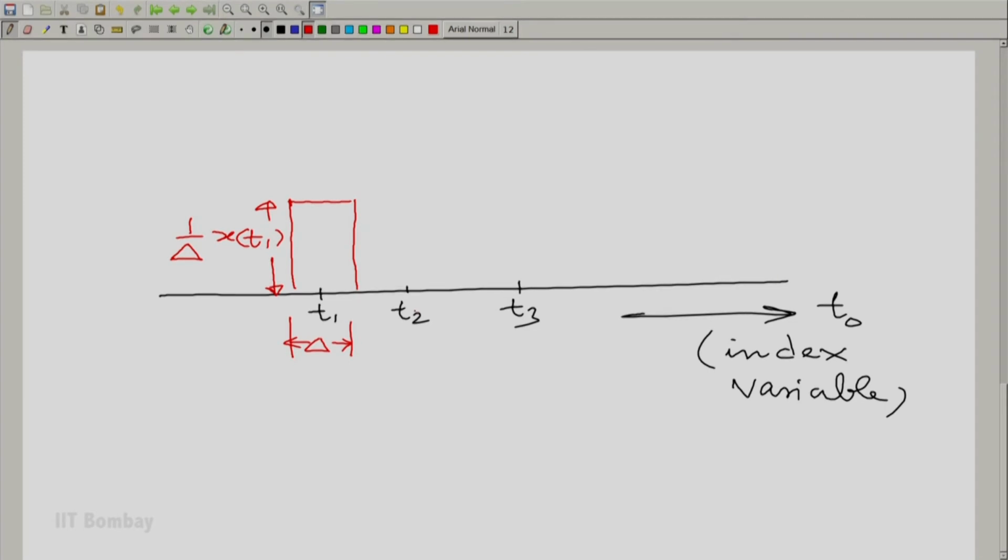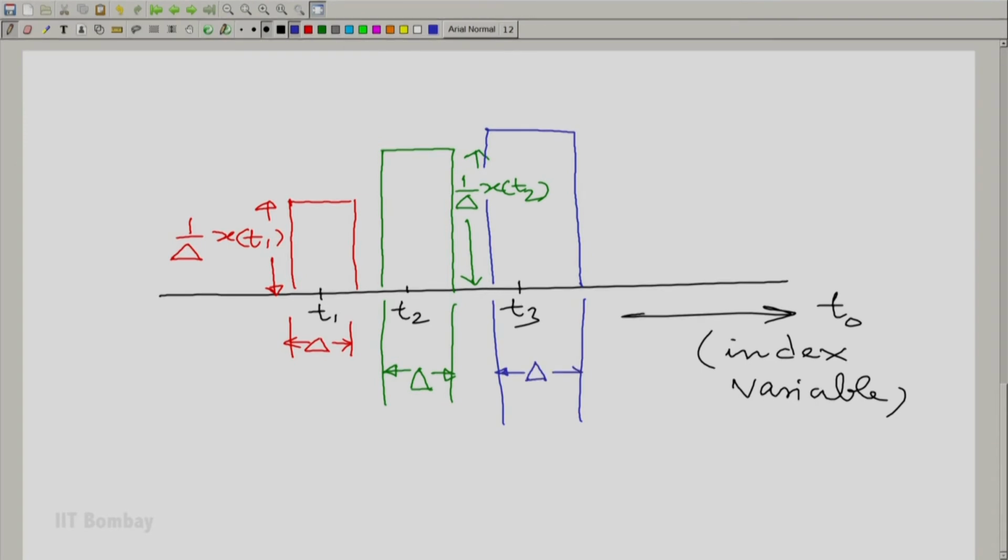Now do the same thing at t2. Let us use a different color there. So again you have a width of Delta here and a height of 1 by Delta times x at t2. And once again put another pulse here, width Delta, height 1 by Delta times x at t3 and so on.